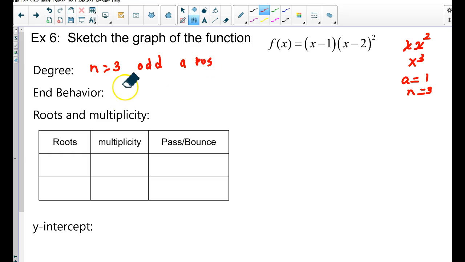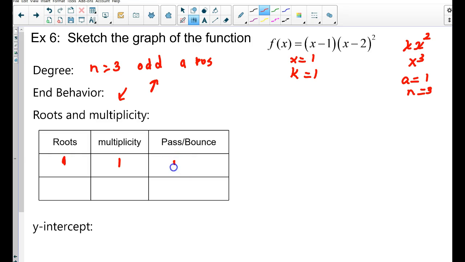Therefore, my end behavior is going to be fall to the left and rise to the right. My root is x equal to 1, with a multiplicity of 1.